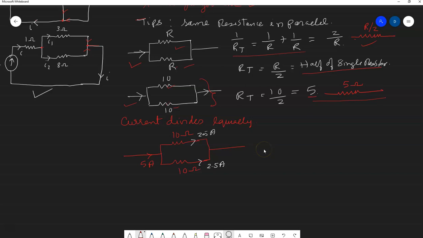One more tip, the current divides equally when the branch resistances are the same. For example here I have the 5 amps input current, and because the resistances in the parallel branches are the same, the current divides equally. You'll end up having 2.5 amps here and 2.5 amps there.